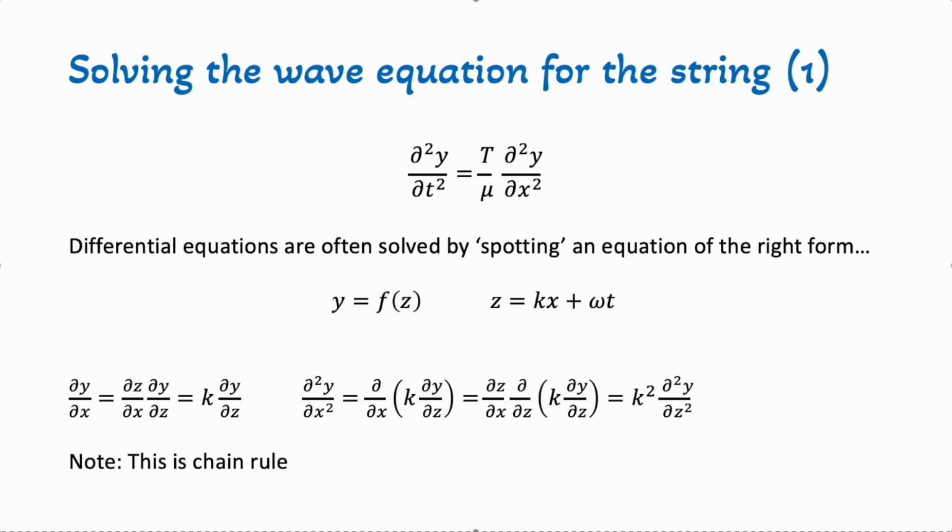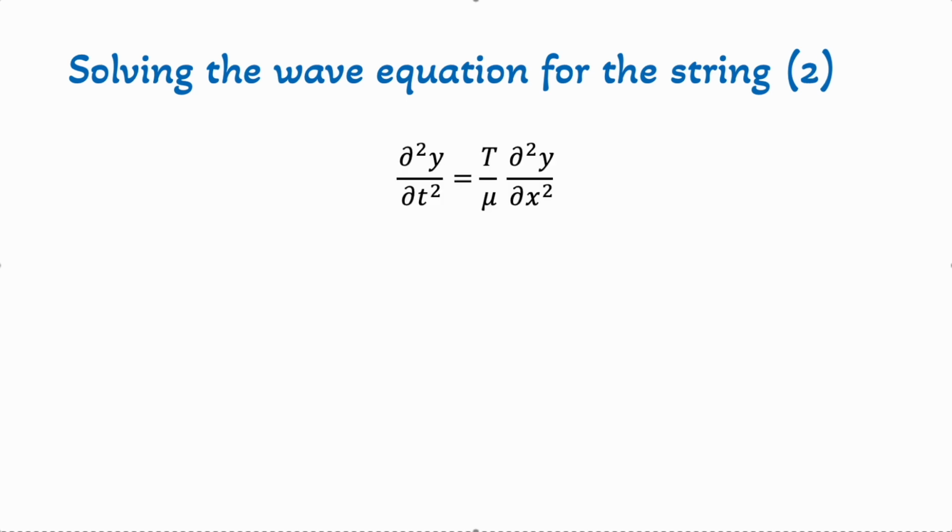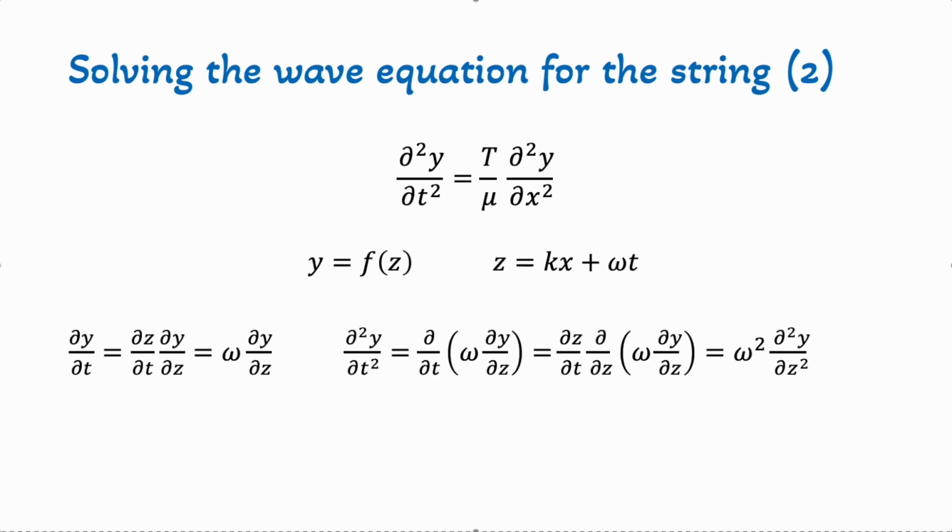If we do exactly the same thing, but now instead of differentiating with respect to x, we differentiate with respect to t, then chain rule, same process, but instead of a k squared coming out, we get an omega squared.